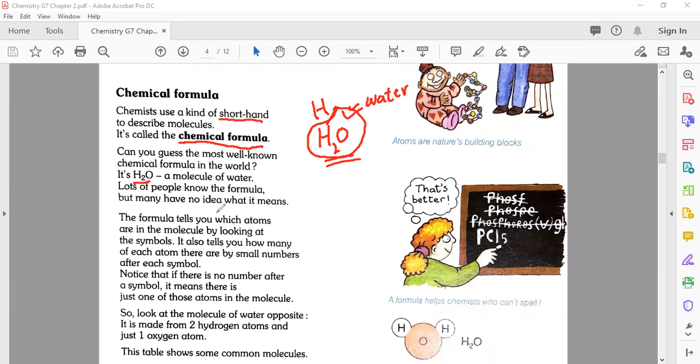The formula tells us which atoms are in the molecule by looking at the symbols.